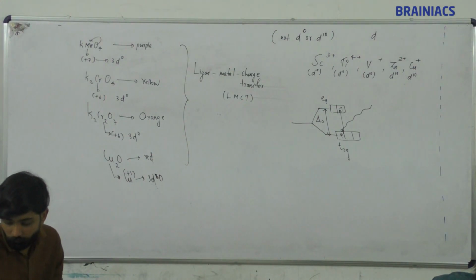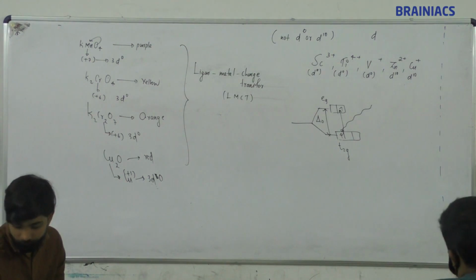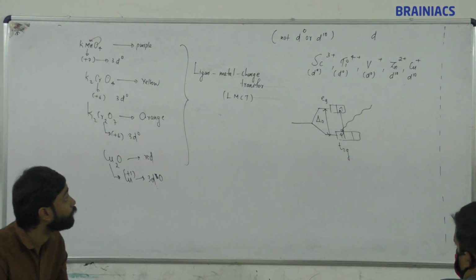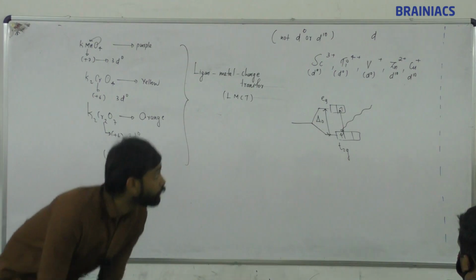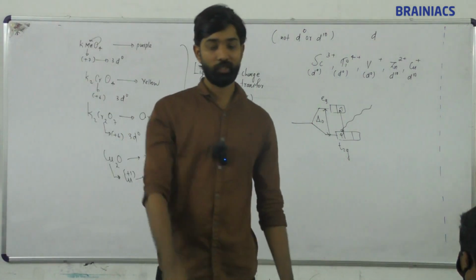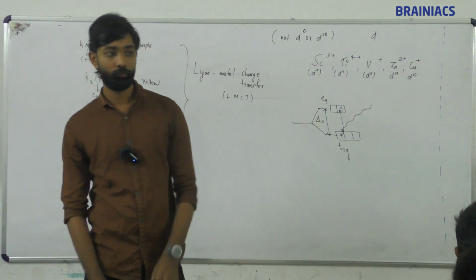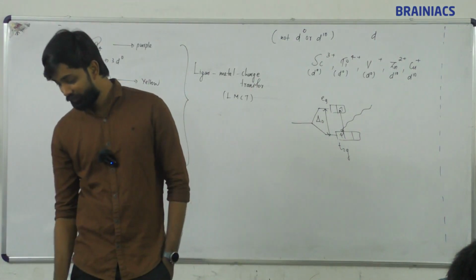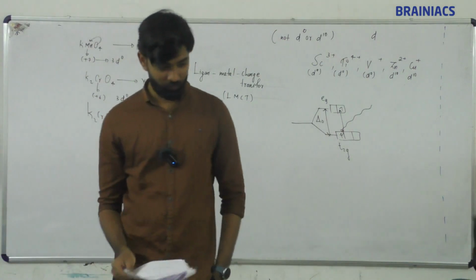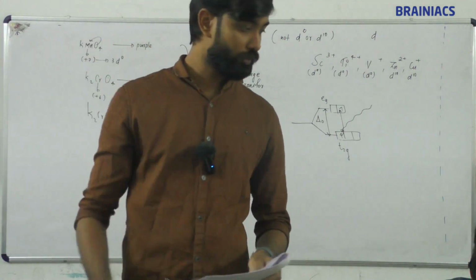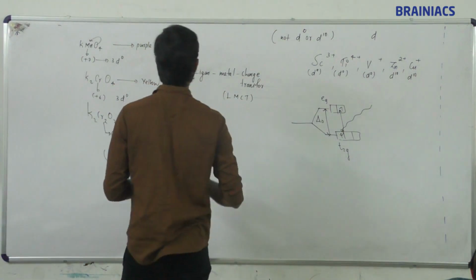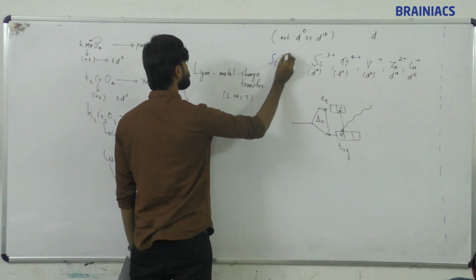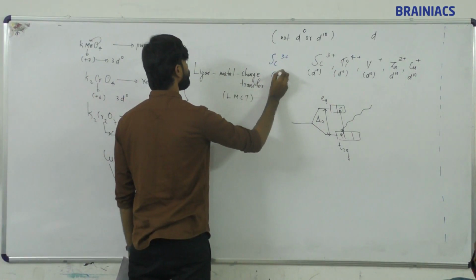You can write the colors of some ions given in your textbook, and study it. Now write in this pattern: Sc3+, Ti3+, Ti4+, like that.